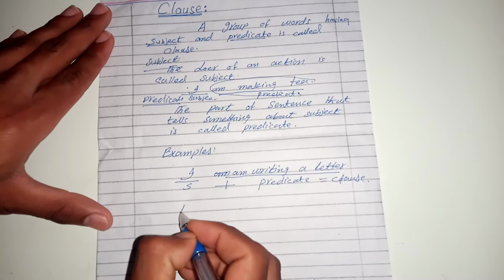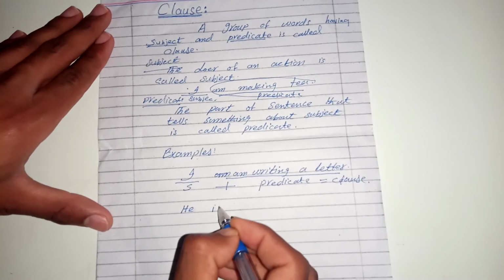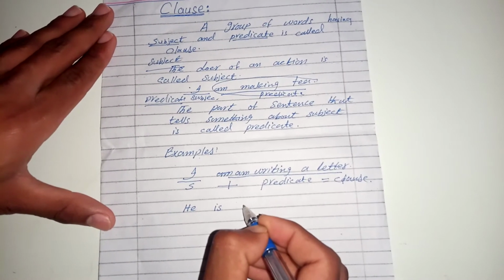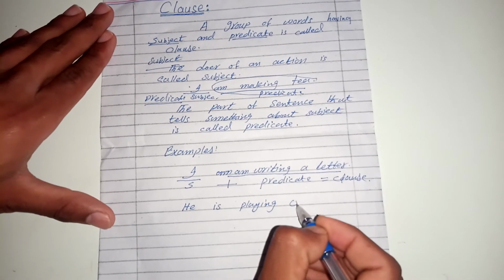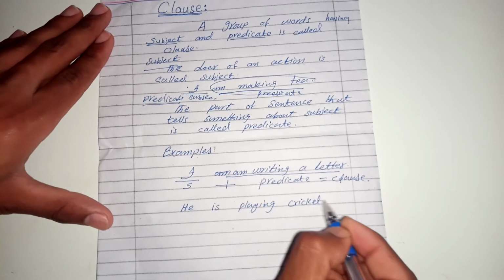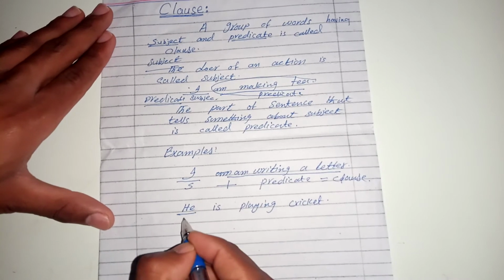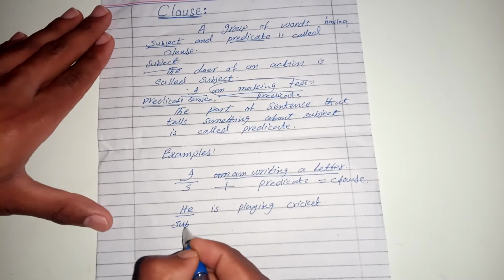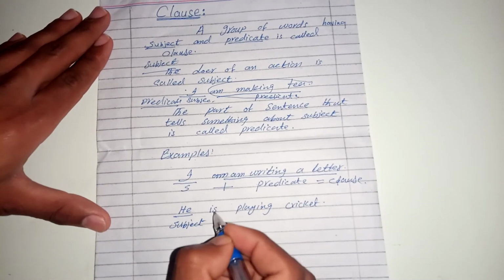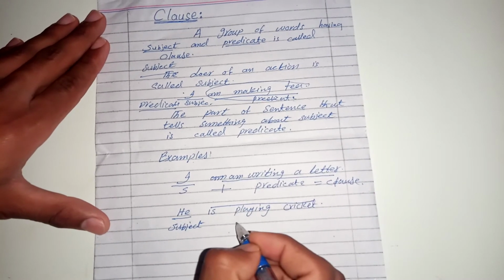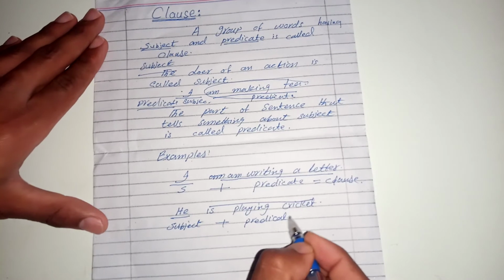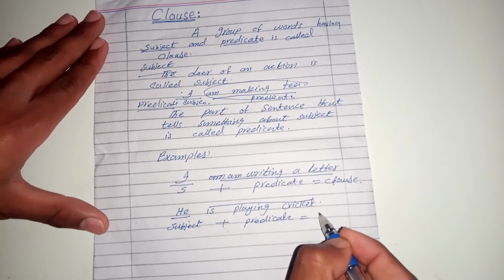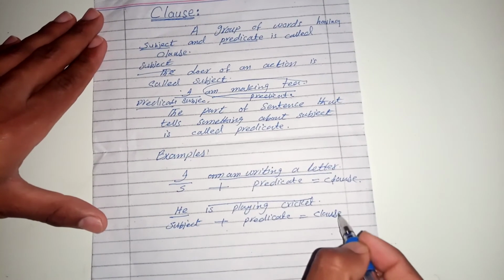Now I'm going to give another example. If I say, he is playing cricket, it means that he is the doer and this is the subject. The remaining part of the sentence is considered as the predicate. So this is equal to clause.